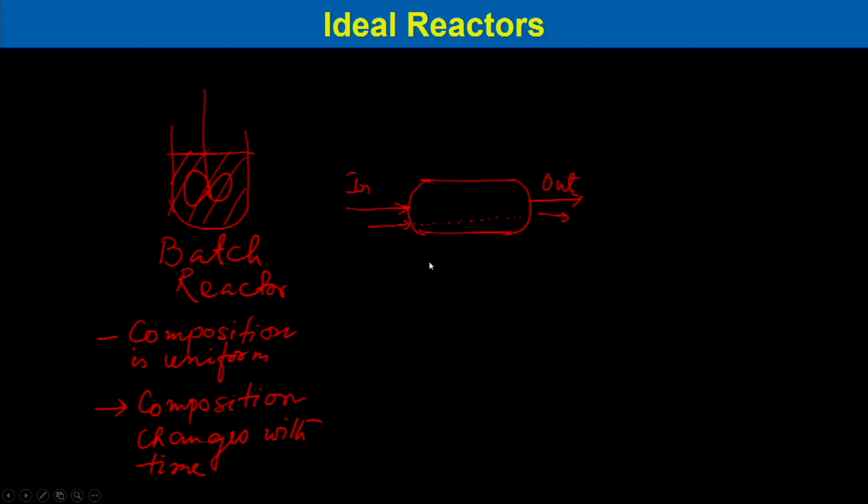That means there is no back mixing in this case, that is why we call it plug flow. So, this is the plug flow reactor. In this case there is no axial mixing, that is, there is no overtaking of the fluids.